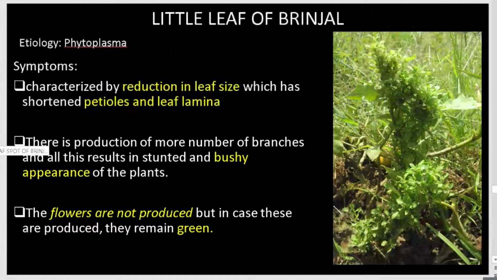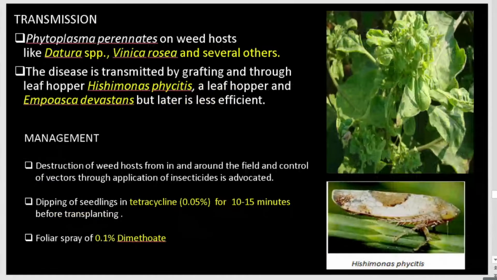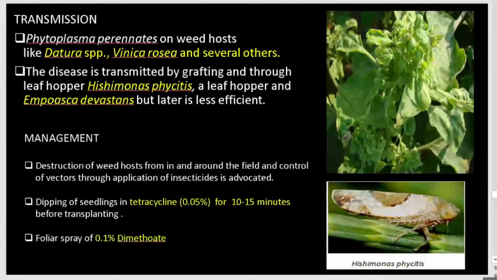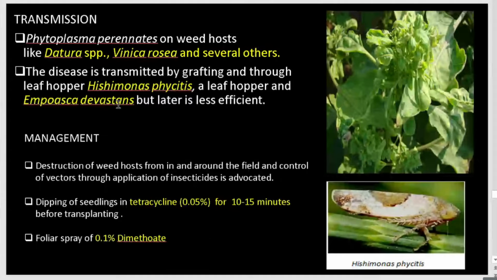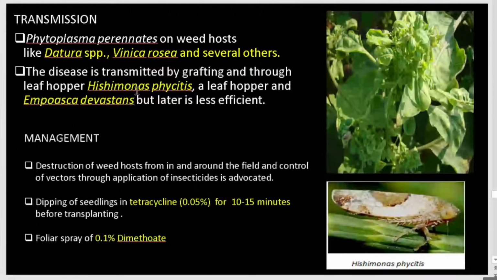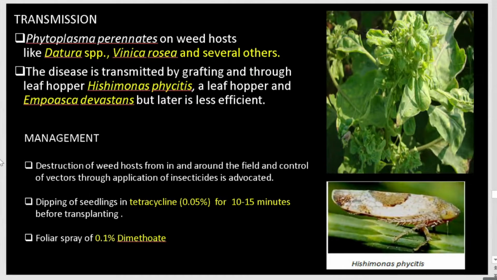They can survive in a lot of weed hosts. As I was talking about Hishimonas phycitis and Empoasca devastans, they transmit this phytoplasma. You know what a phytoplasma is: it is a soft-bodied bacterium, quite different from bacteria. They cannot be cultured.